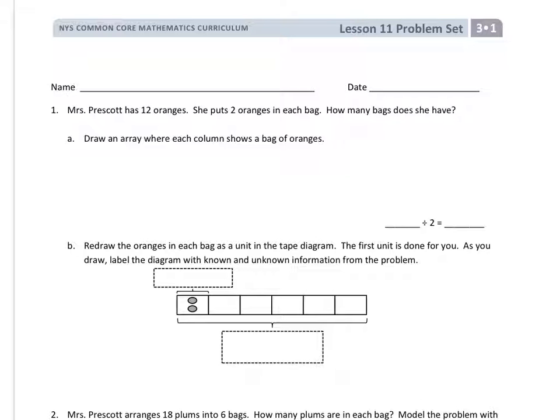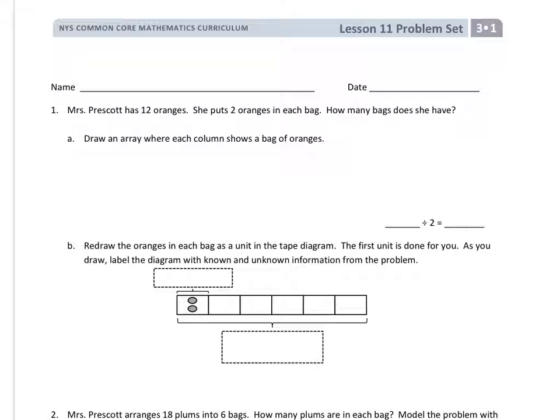So I'm going to change my pen size to almost the biggest size so I can draw my array. Each column is a bag, and she puts 2 oranges in each bag. So let's go ahead and draw our array. Alright, so I know I need 2 oranges in each bag.